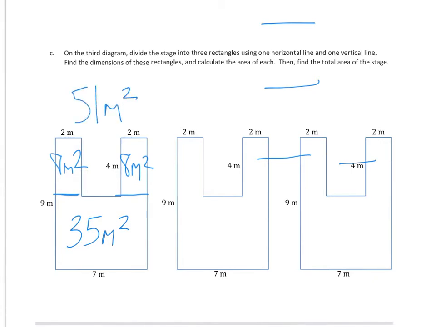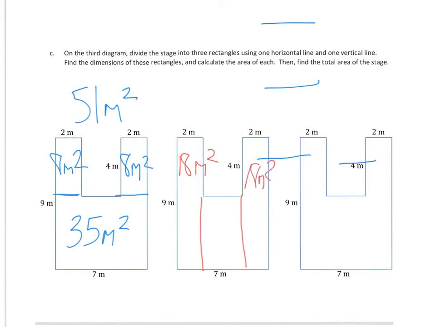Let's try the next one where we're supposed to use 2 vertical lines. I guess we'll go like this and like this. So now we have 9 by 2, so 18 meters squared.